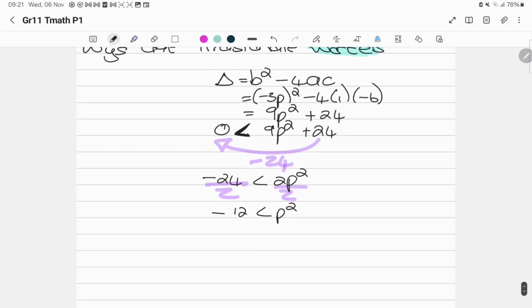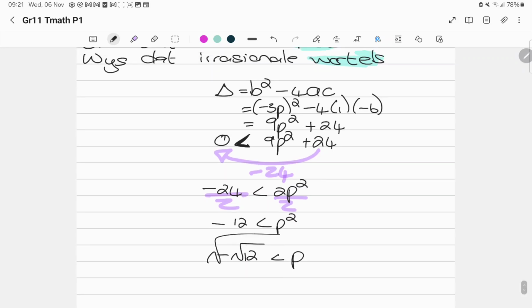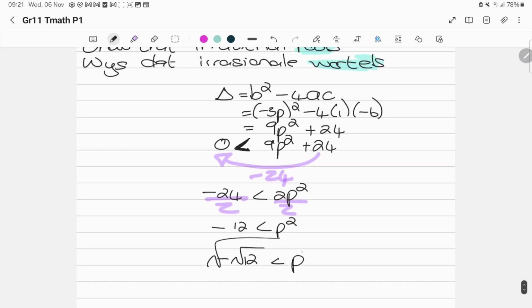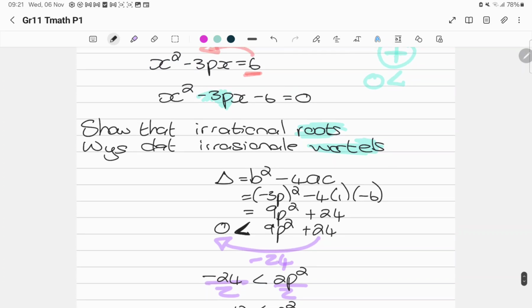This is not going to work out because I cannot have a root, but this would have been the idea. Whatever your answer would have been, you would have gotten the value of p here, and then you put it into your calculator under the square root. Let's say it was positive 12, then you will see it gives me a decimal, so it's an irrational number. But the most important thing with this is to first get your equation in standard form.